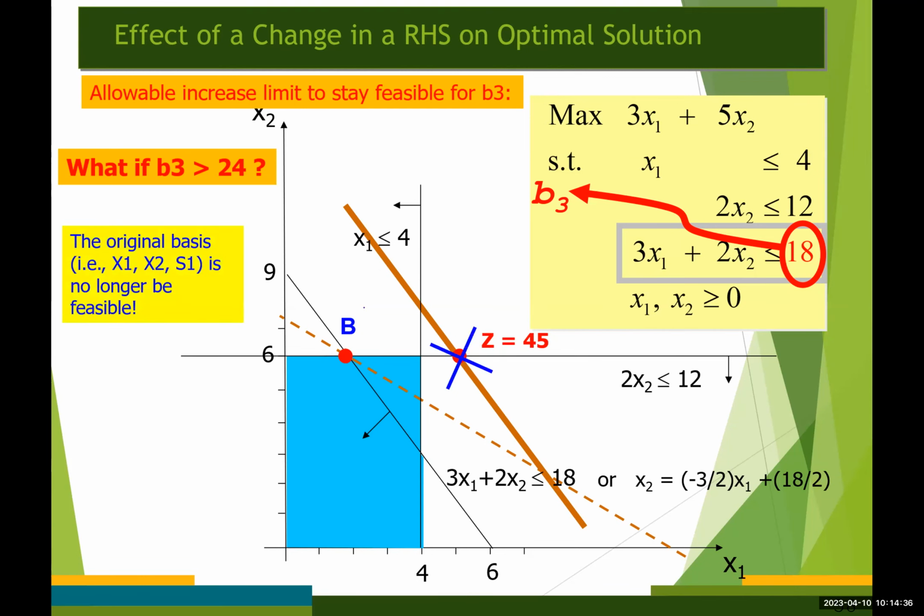So in this case, the current basis will no longer be feasible. So the allowable increase limit to stay feasible for B3 would be less than or equal to 24. Okay.